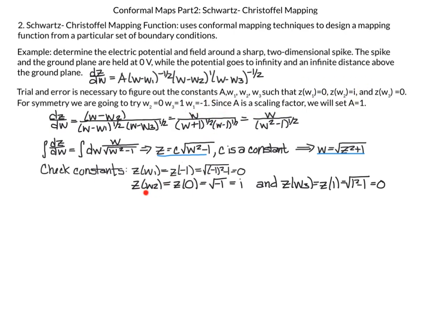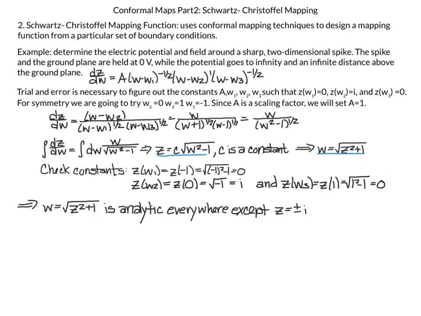So we're going to plug in w2, which is 0, plugging into here gives us the square root of -1, which is i, so that's good. And z of w3, where was z of w3? We want that to equal 0, so what did we set w3 equal to? 1. So plugging in 1 over here, we get 0. So far so good. One last step for this example, we see that w equals the square root of z squared plus 1.